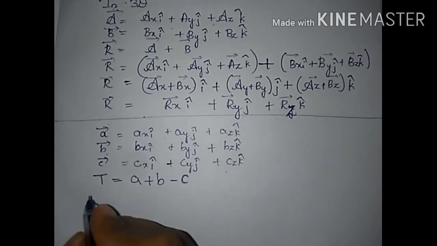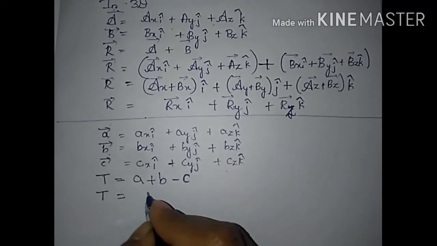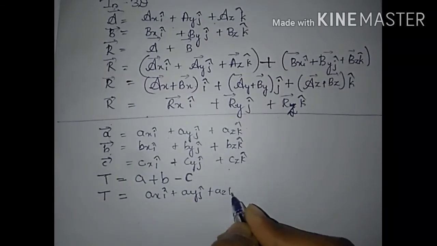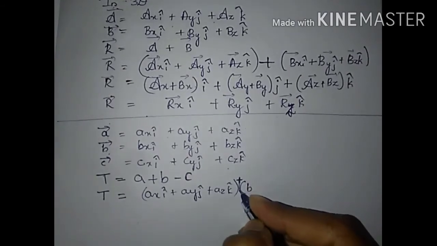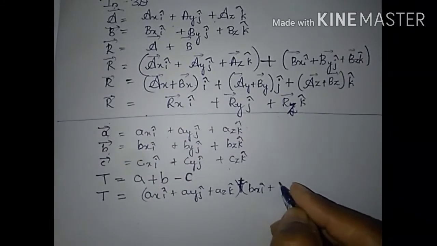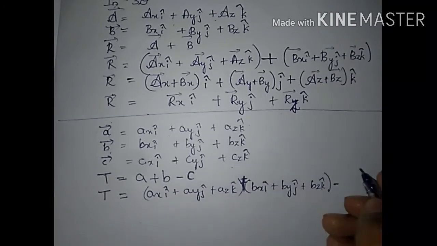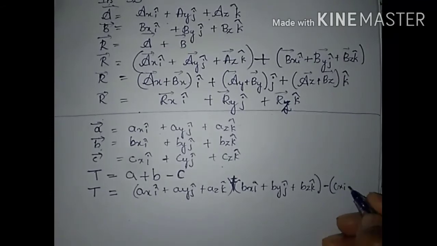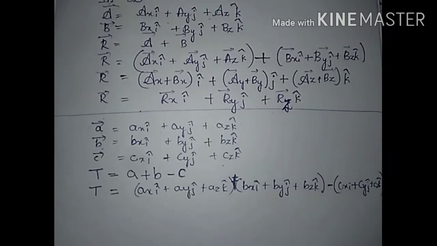Then how will you write it? T is equal to Ax i cap plus Ay j cap plus Az k cap, plus Bx i cap plus By j cap plus Bz k cap, and minus Cx i cap minus Cy j cap minus Cz k cap.